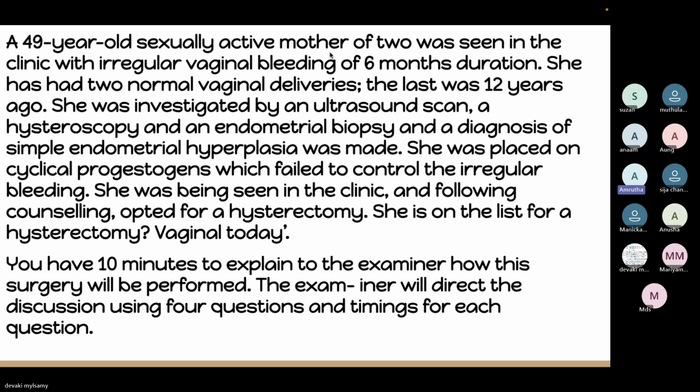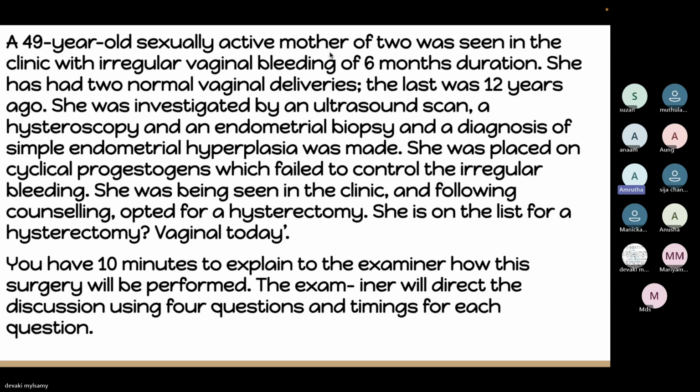Then the position of the patient, which is ideal, is lithotomy position, and the patient should be propped up properly with pads behind the knees, taking care to avoid any injury to the lateral perineal nerves.